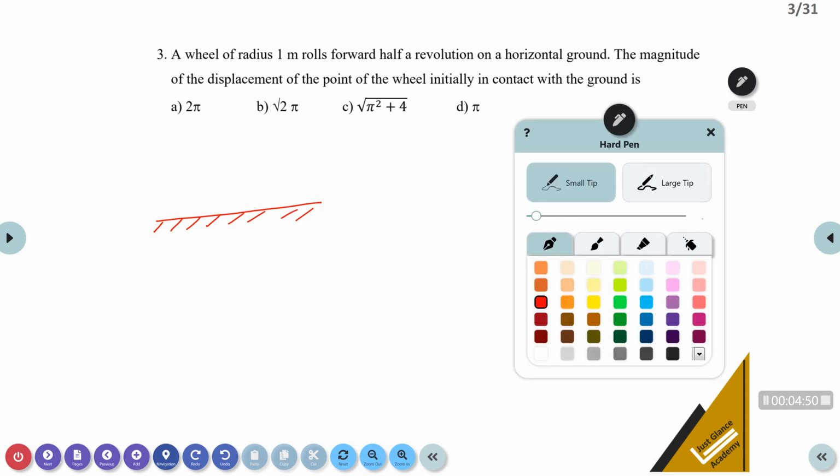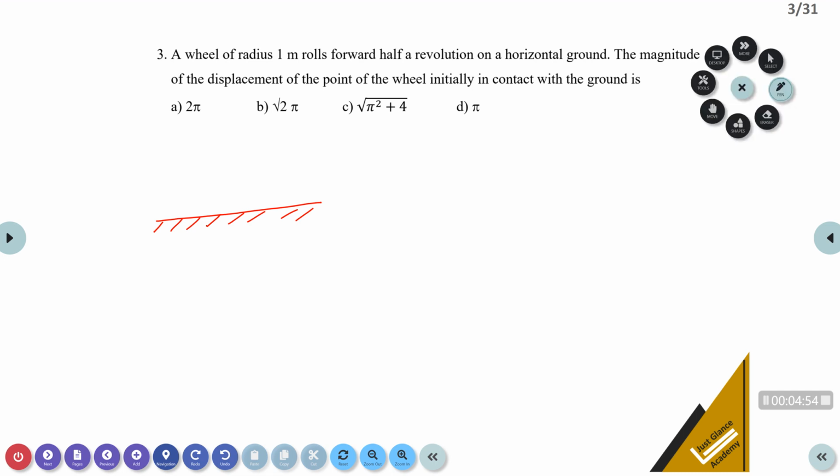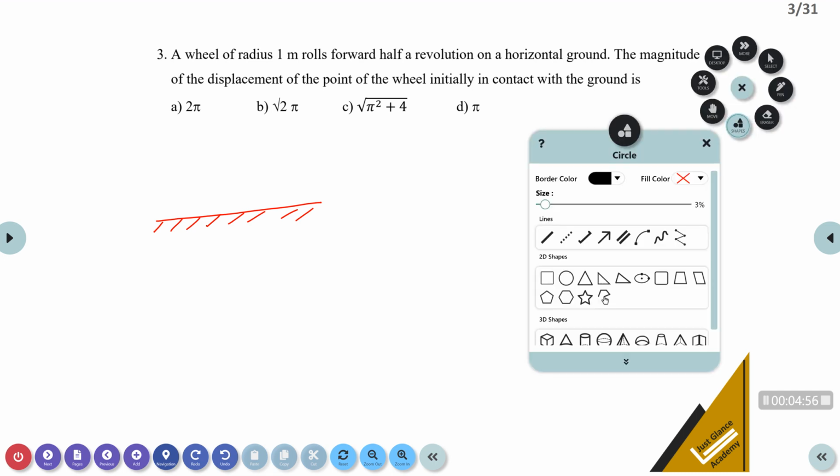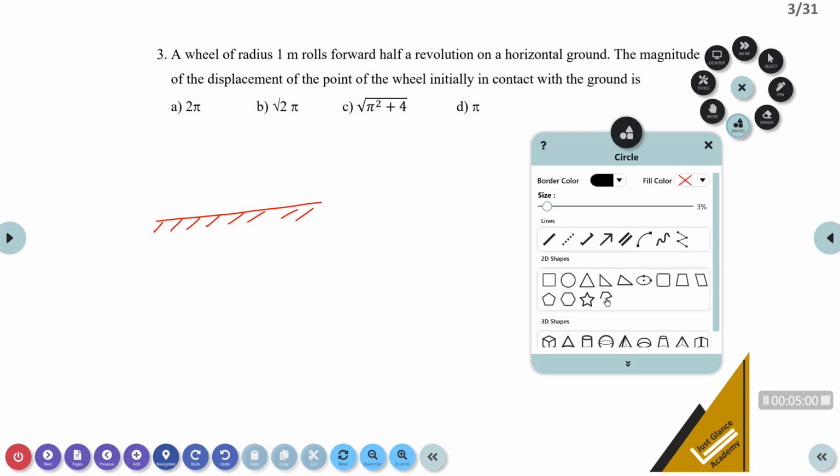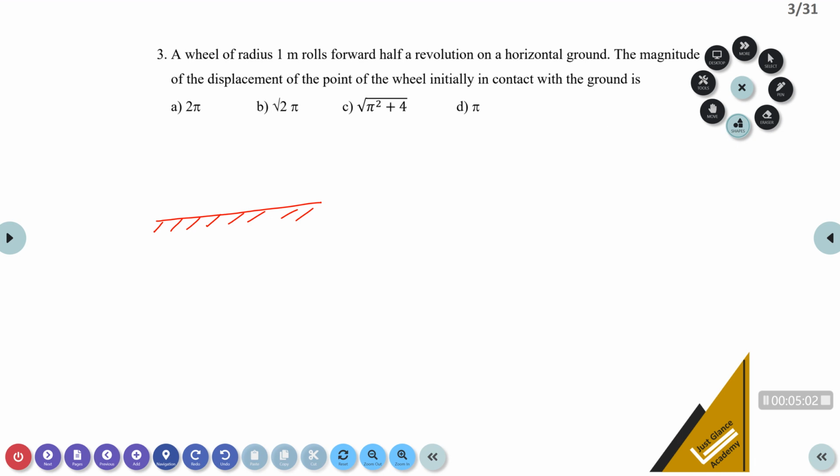Here I am drawing a circle. This is the circle.